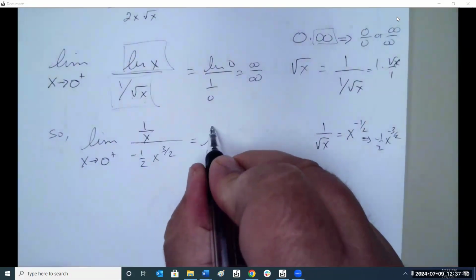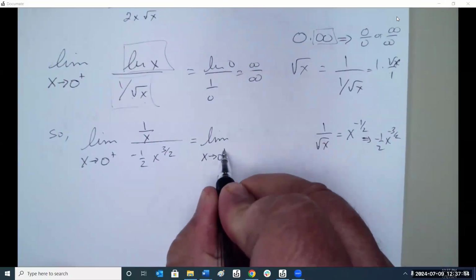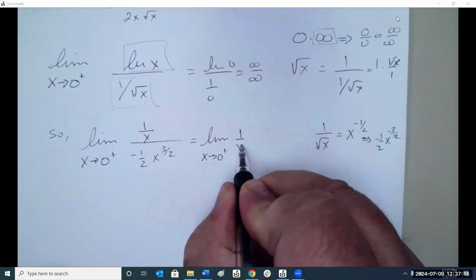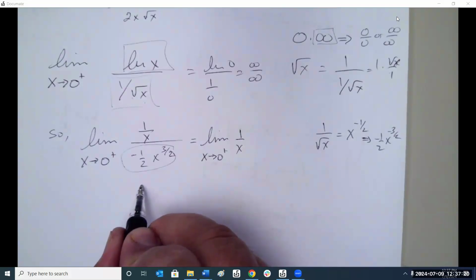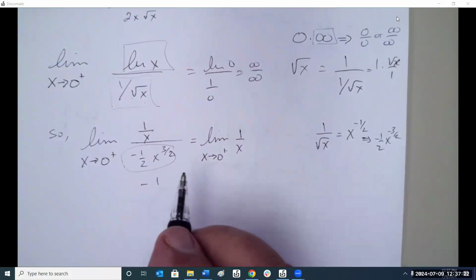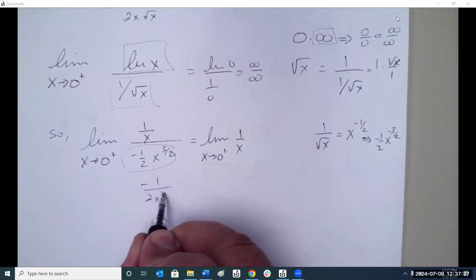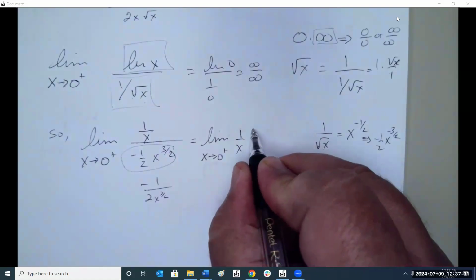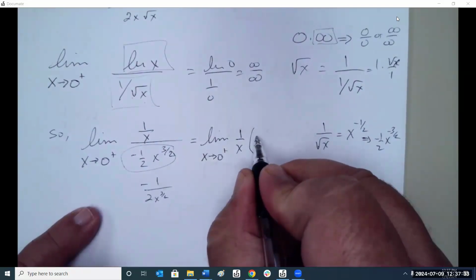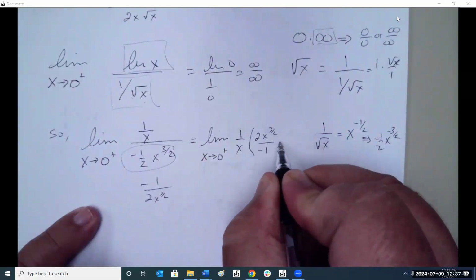Now we can rewrite these. Take the top fraction, leave it alone. This bottom one is negative 1 over 2x to the 3/2. Flip that, we get 2x to the 3/2 over negative 1.